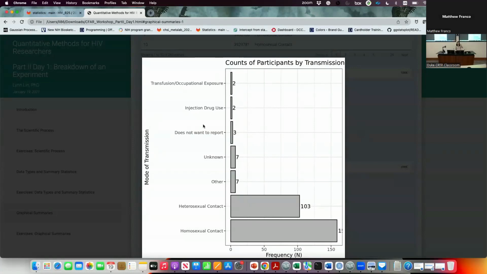And then the numbers 2237, 7, 103, etc. are the counts. That tells you how many people fall into this mode, how many fall into that mode, etc. And intuitively, what can you get from this bar chart?